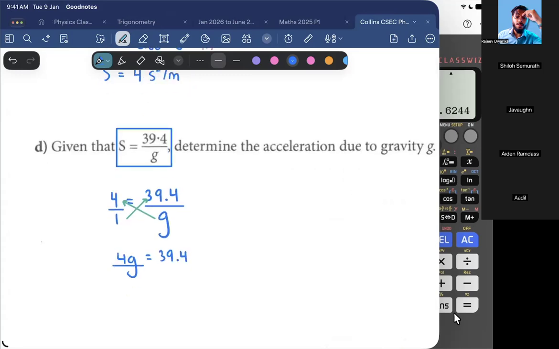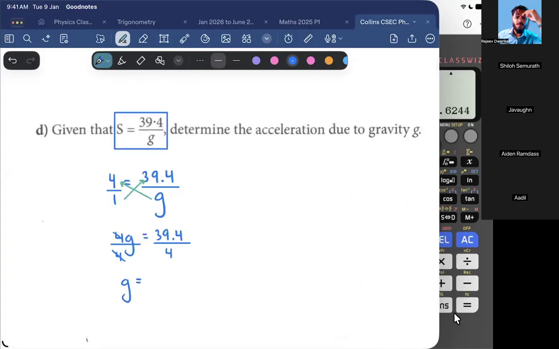Right, I would divide by 4 on both sides. So what is 39.4 over 4? Anybody? 39.4 over 4, what's that?